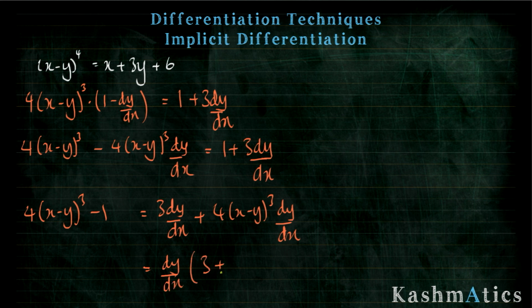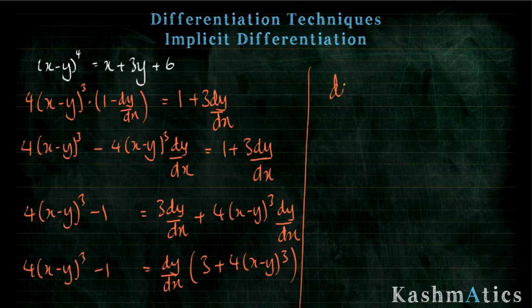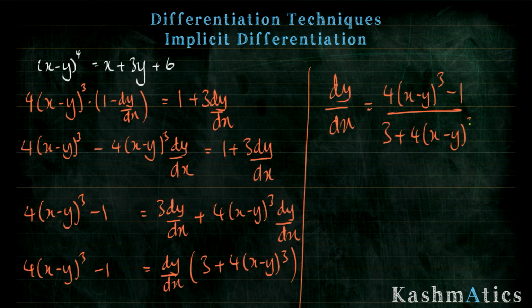So 3 plus 4 (x minus y) cubed, and on this side I've got 4 (x minus y) cubed take away 1. All I need to do now is divide by this term over here. So I end up with dy by dx equals 4 (x minus y) cubed take away 1, all over 3 plus 4 (x minus y) cubed.